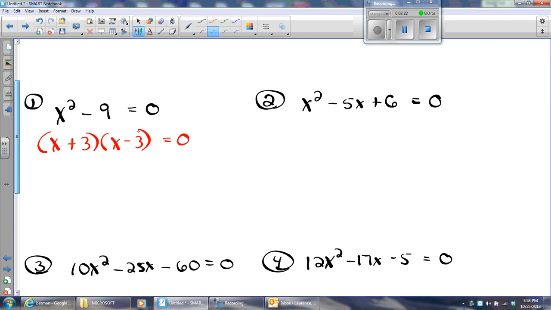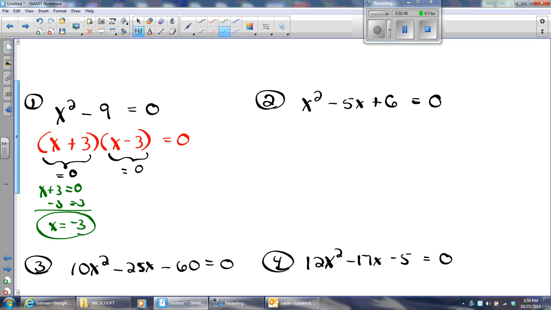Okay, now we need one of these quantities to equal 0. One of them, not both. They both could, but one of them. So what we're going to do is write down x plus 3 equals 0, like a linear equation, and we're going to solve it. So one of the possible answers for x is negative 3.